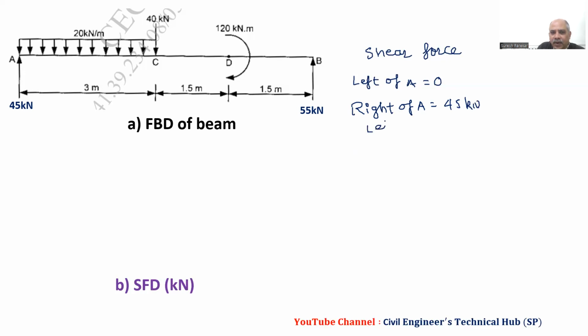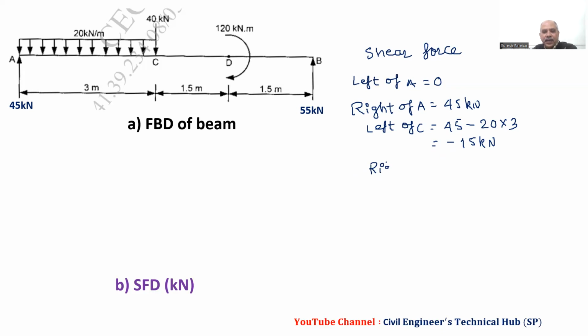Then left of C. Actually we are starting at the end of the UDL, but as at the end of the UDL we have a concentrated load, so left of C we have 45 minus 20 into 3. So it will be minus 15 kilonewton. Then we have right of C.